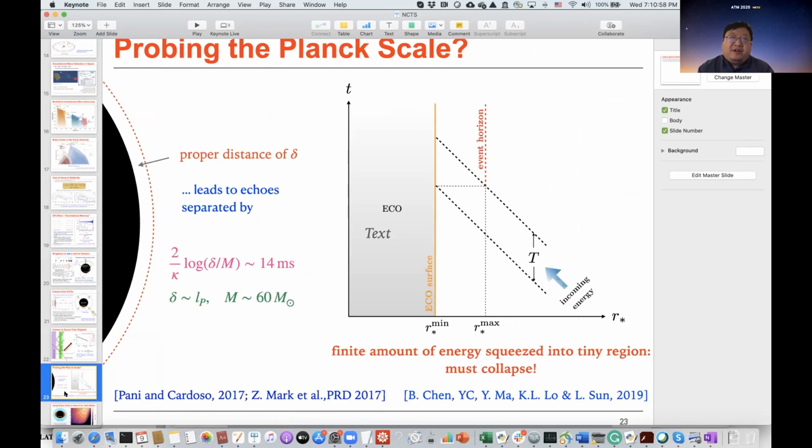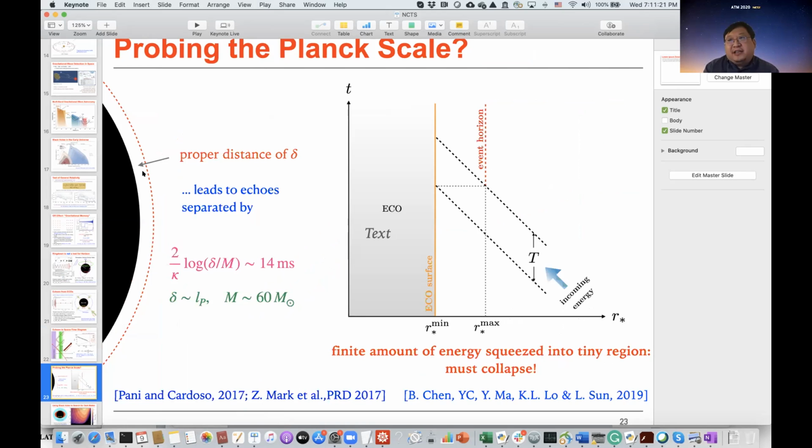So why are we so intrigued by the echo? I think one reason is that it's not numerology, but it's a little bit like that. If you think about the location at which the waves might be reflected from the horizon, you can ask, what about a proper distance delta away from the horizon?